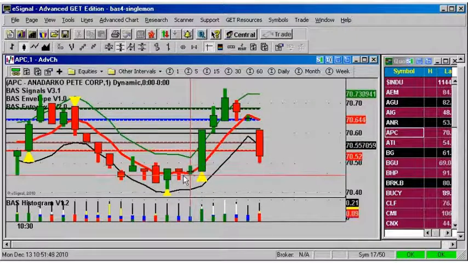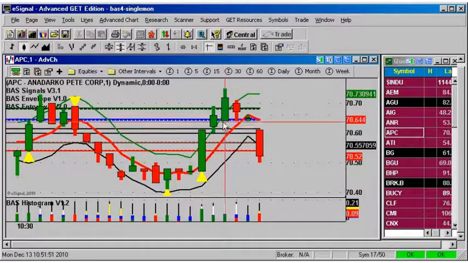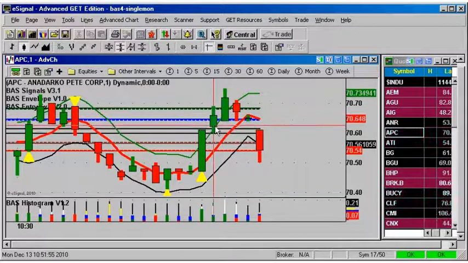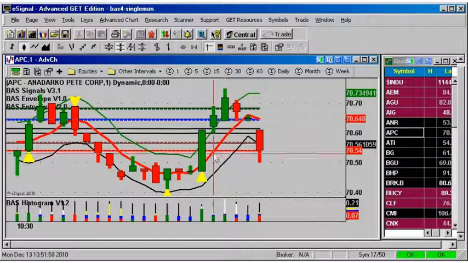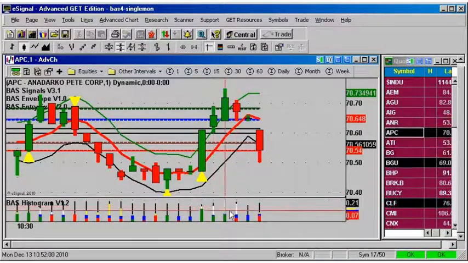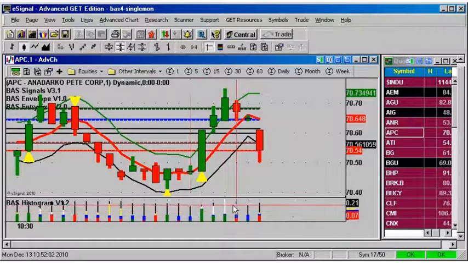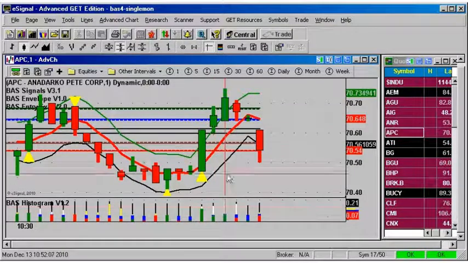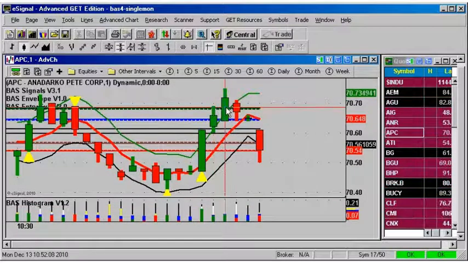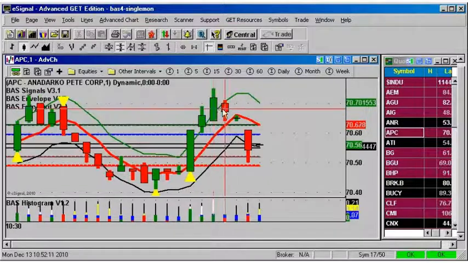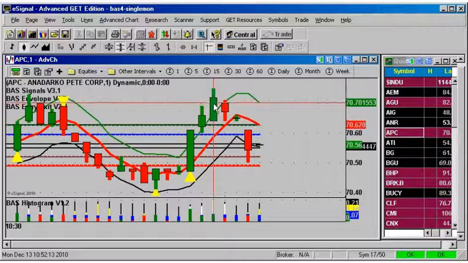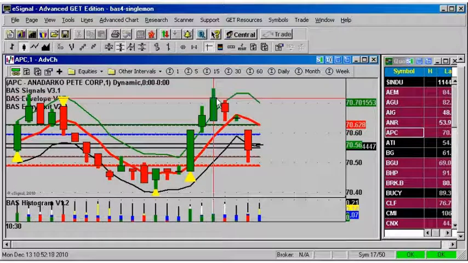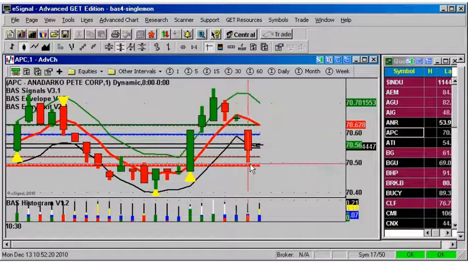And either one, if I'd got in here or here, I'd probably have got out at this point again, because there are 2 bars above the envelope, and the number of tall green and white bars here are both indications that the price is going to go down. So, being a conservative player, I would have gotten out on this bar, and that would have been good.